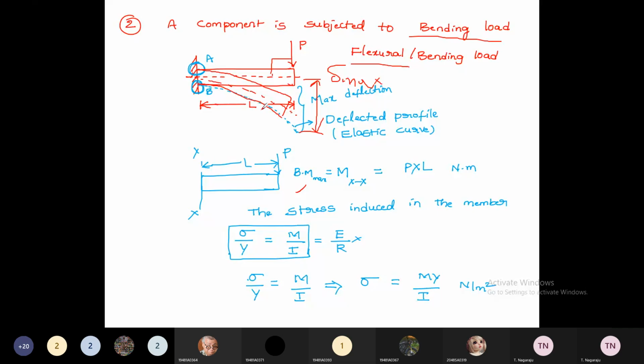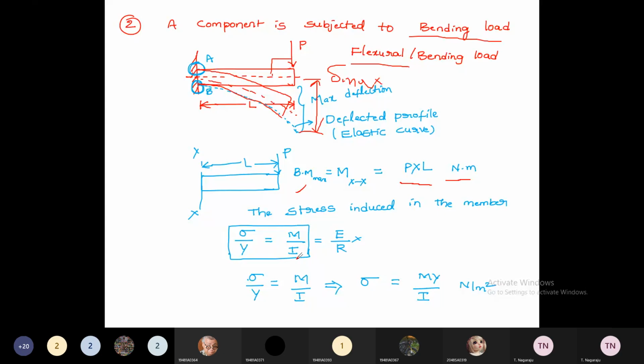The length of the distance is L, so the maximum bending moment is at the cross section XX, that is, at AB. AB will produce the maximum bending moment. So the maximum bending moment is equal to P into L, in Newton meters.